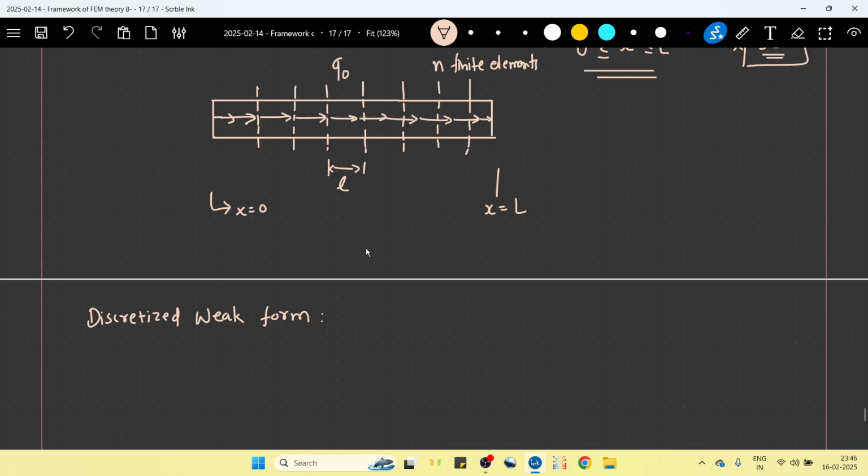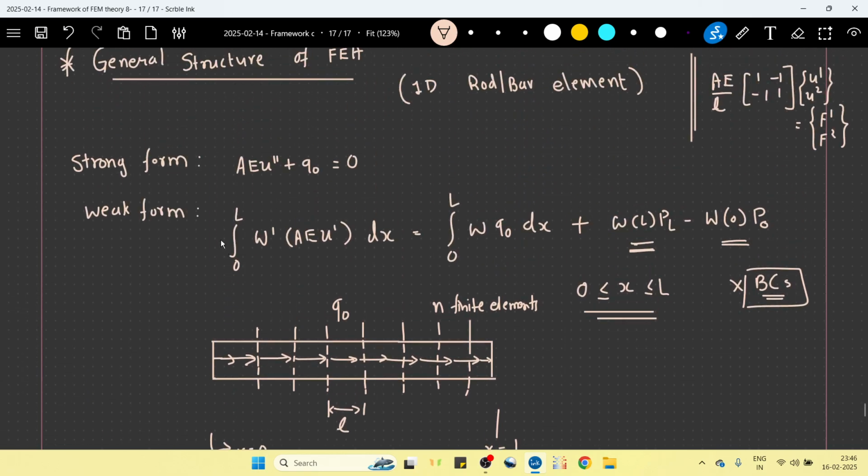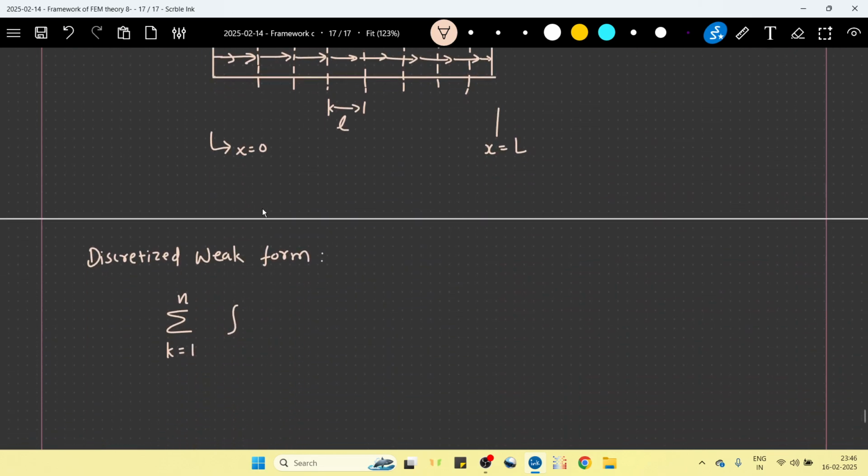Summation k equal to 1 to n, where n is the number of finite elements, and this capital L I'll put as the subdomain length. That means a subdomain is nothing but a finite element.